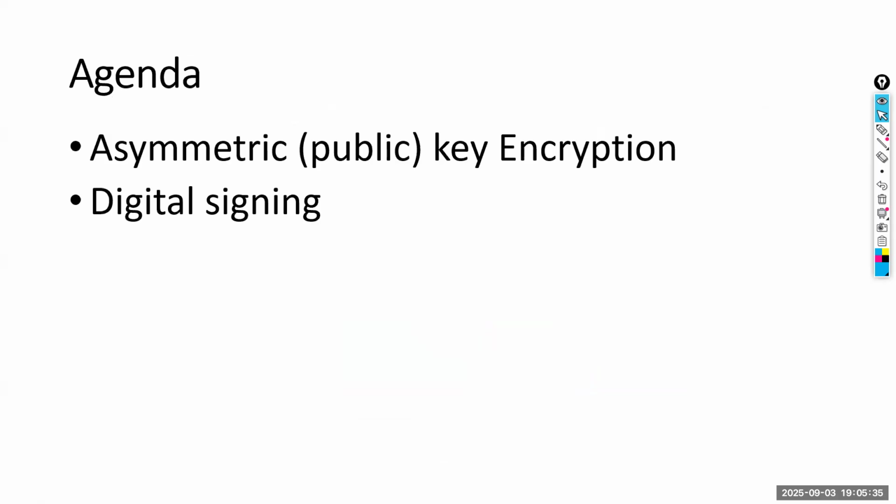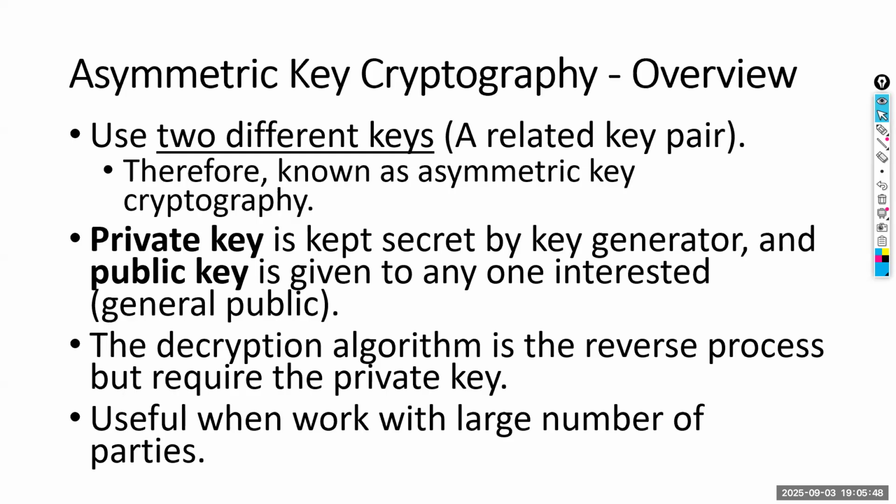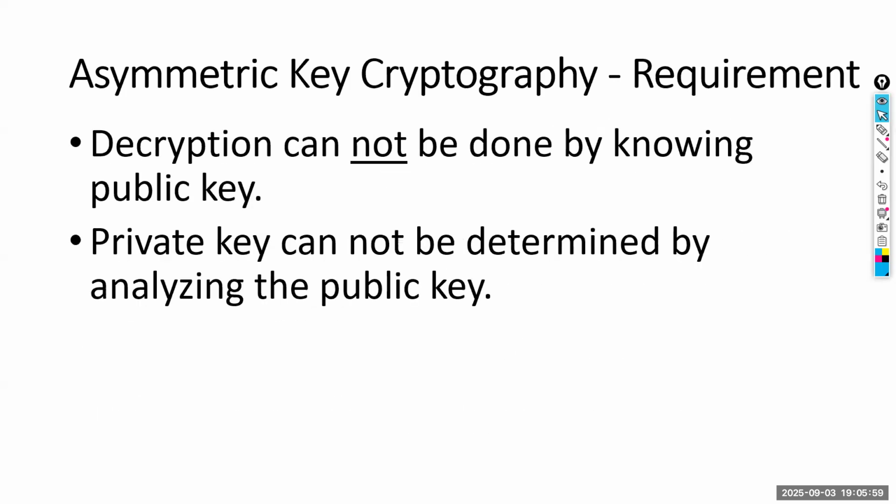Digital signing, which is for authentication, whereas the encryption, decryption is for confidentiality. So now you must be really familiar with these words, right? Authentication, confidentiality, right? So private key, public key. So that is why we call it asymmetric key cryptography. See, not symmetric, two different keys. Okay.